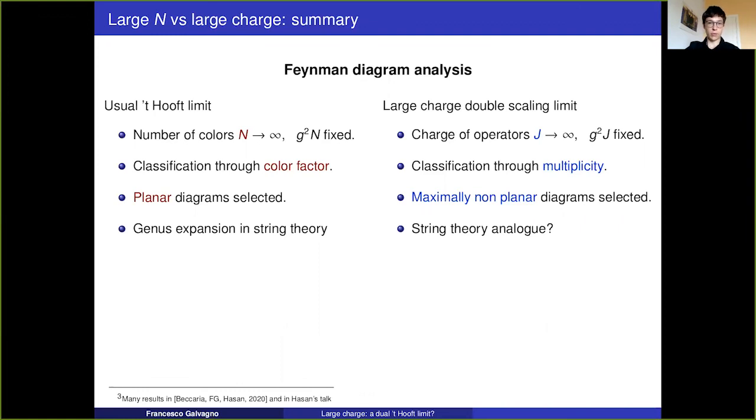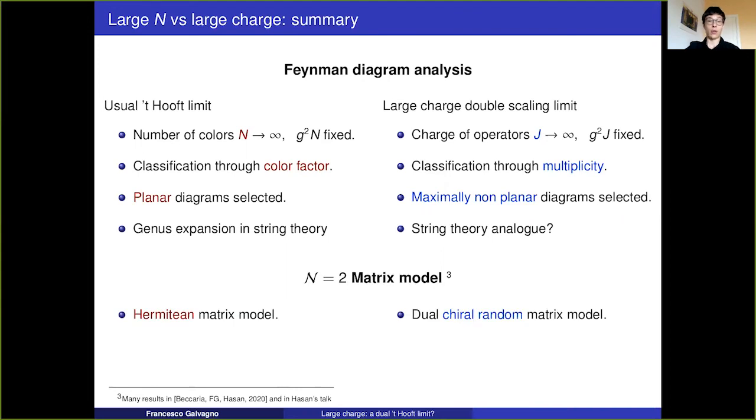Secondly, it would be interesting to see if our findings can be generalized to other classes of quantum field theories, for example, also non-supersymmetric cases. For the moment, we are sure that in N=2 cases, this duality between the roles of the number of colors N and the charge J is nicely realized at the level of N=2 matrix models.